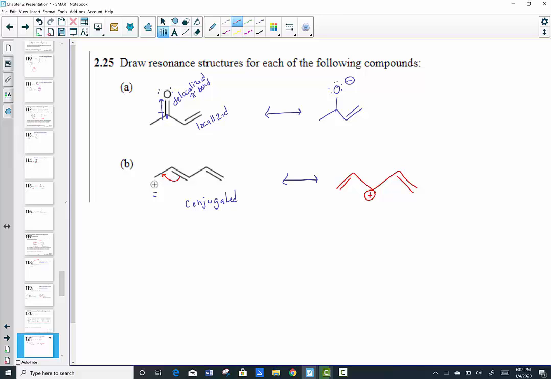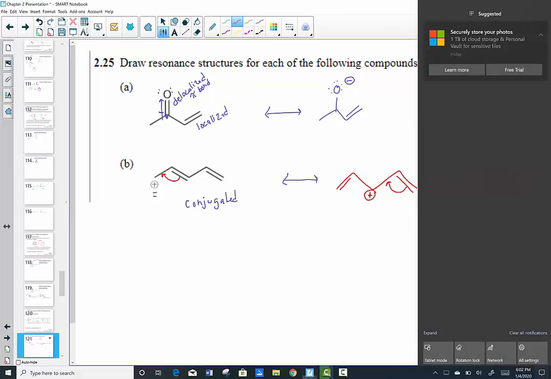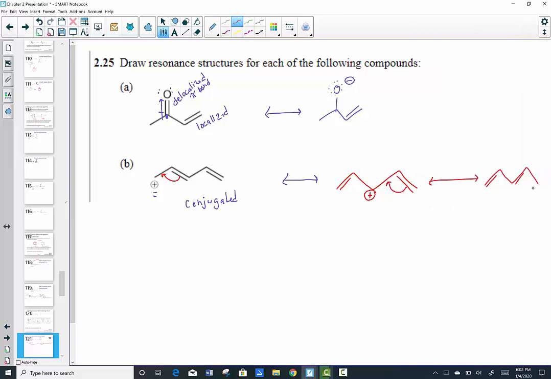We now recognize that this pi bond is then able to do the same thing. It can shift, forming a third resonance structure. First bond here, next bond is now here, and the positive ended up at the very end. So there were 3 structures where the allylic position was a carbocation.